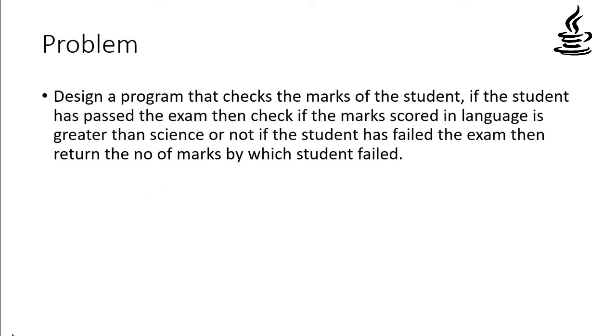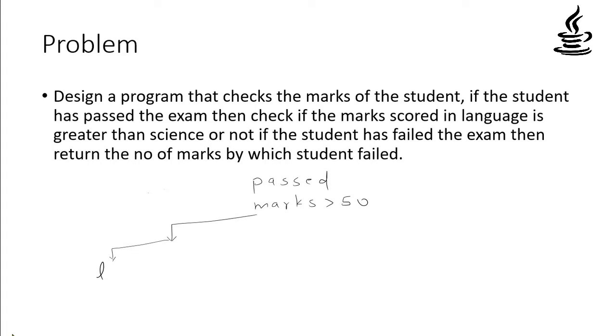Our first condition is whether the student has passed the exam or not in the first place, that is, whether the marks are greater than 50 or not. Now if the marks are greater than 50, then our program will check for two other conditions: whether the marks scored in languages are greater than science, or whether the marks scored in languages are less than science.